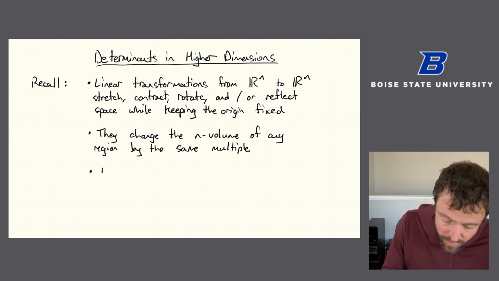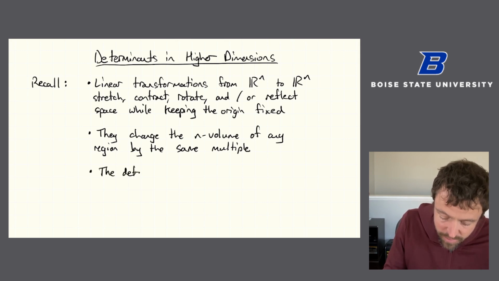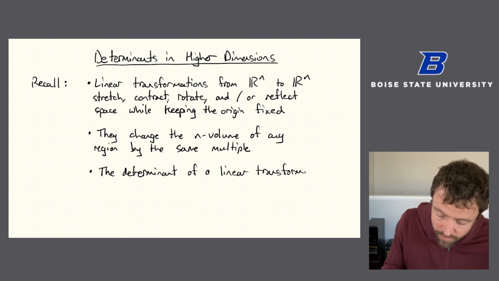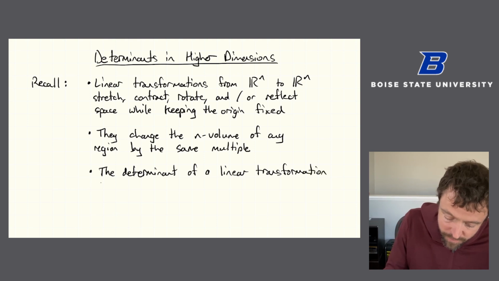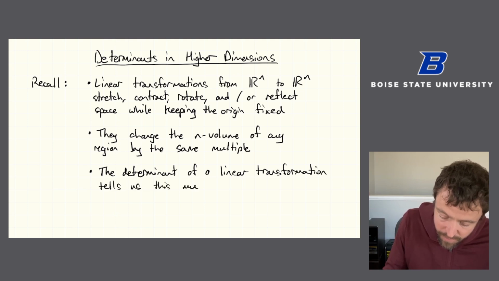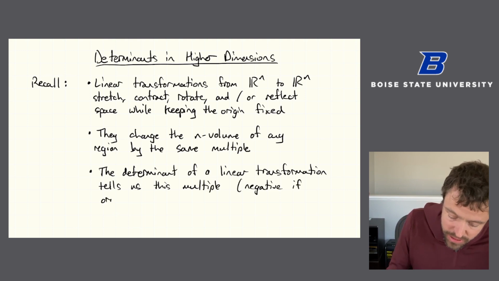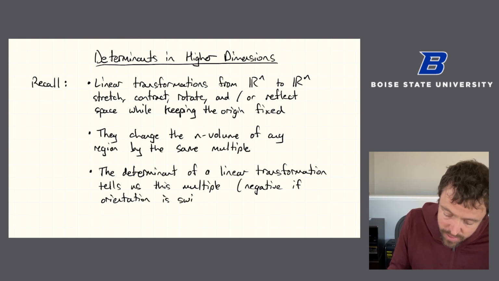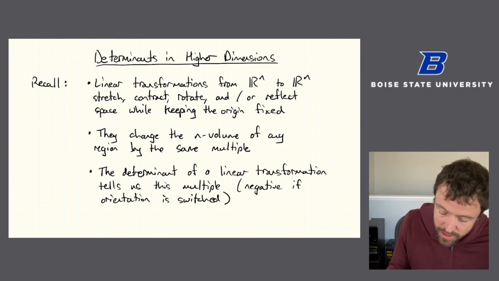So the determinant of a linear transformation tells us this multiple, and it's negative if orientation is switched. So switching orientation corresponds to a reflection.